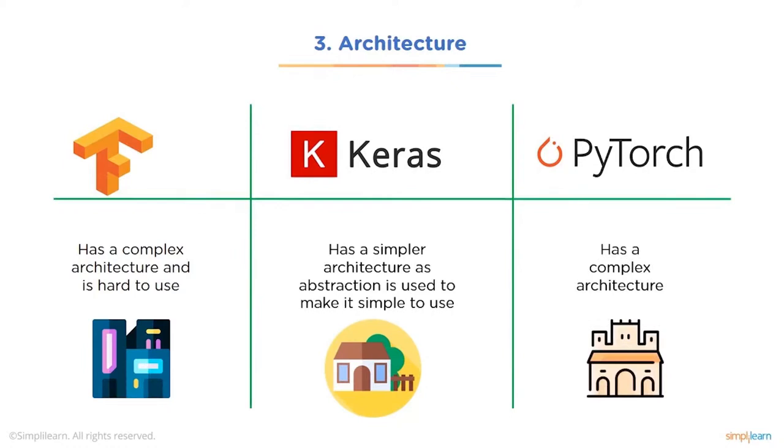PyTorch, on the other hand, also has a complex architecture and the readability is less when compared to Keras. TensorFlow uses computational graphs which makes it very complex and hard to interpret, but it has amazing computational ability across platforms. PyTorch is a little hard for beginners but is really good for computer vision and deep learning purposes.